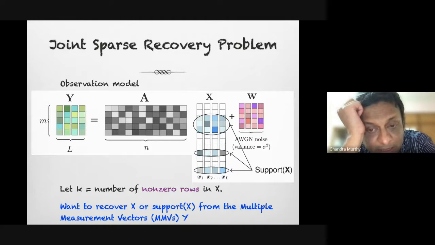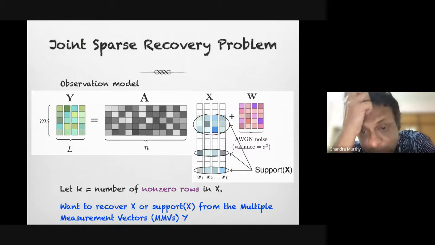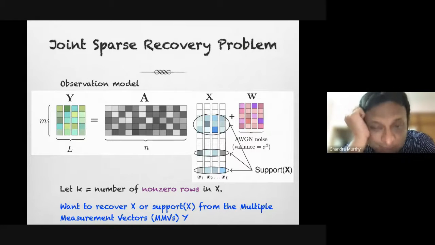And if a particular entry is 0 in one of the vectors, then it is 0 in all the other vectors in the same position as well. So this is called the joint sparse recovery problem. The problem is to try to recover this matrix X from the matrix of observations Y and the measurement matrix A.